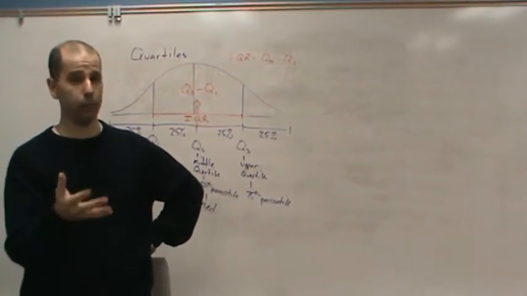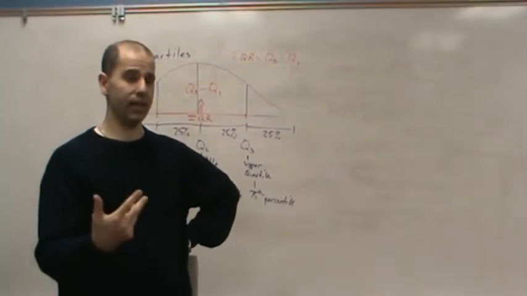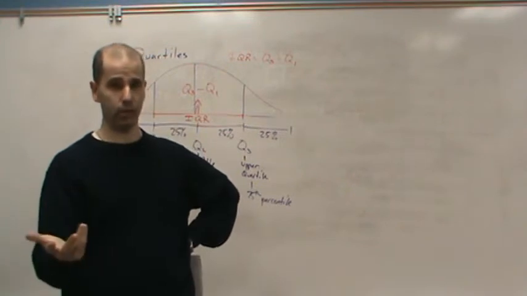It may not be an outlier, but it would be an unusual value. If it's 3 standard deviations outside the mean, then that would be considered a definite outlier.